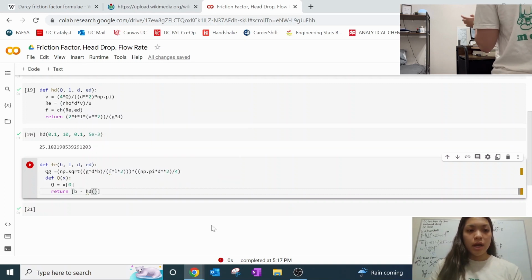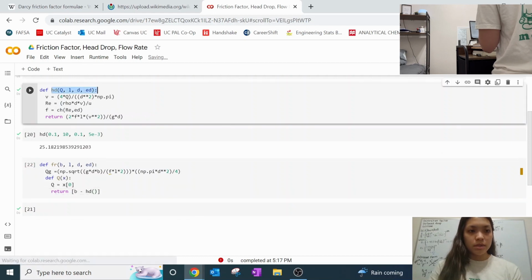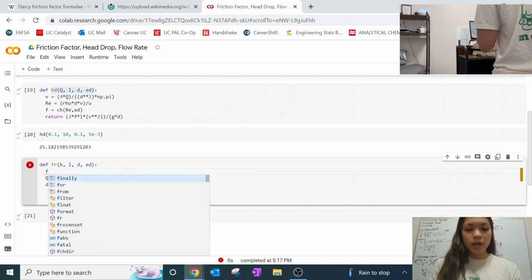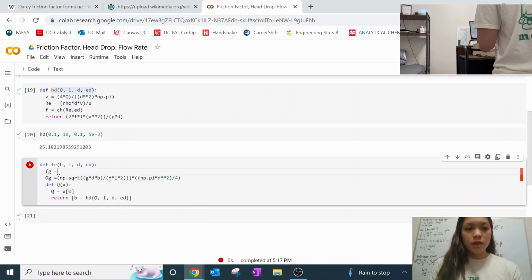So that's where our head drop function from up here comes in. And then we would also need to provide an initial guess for the friction factor, so we'll just say 0.01.